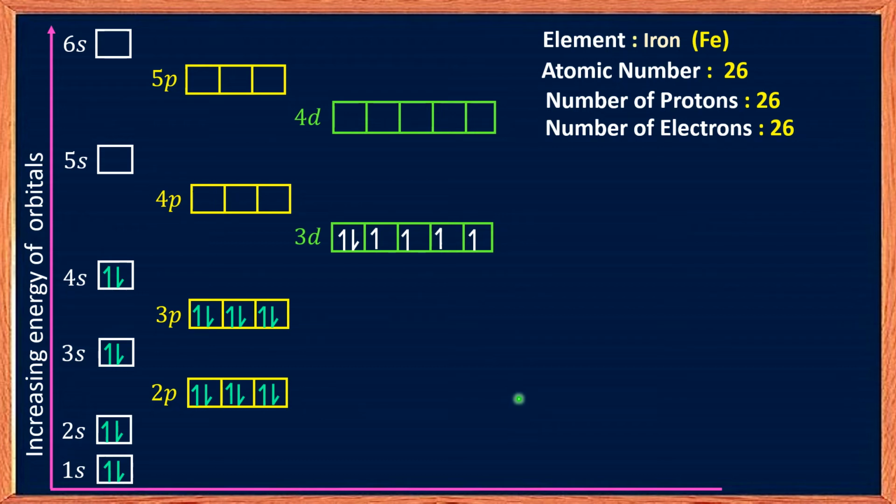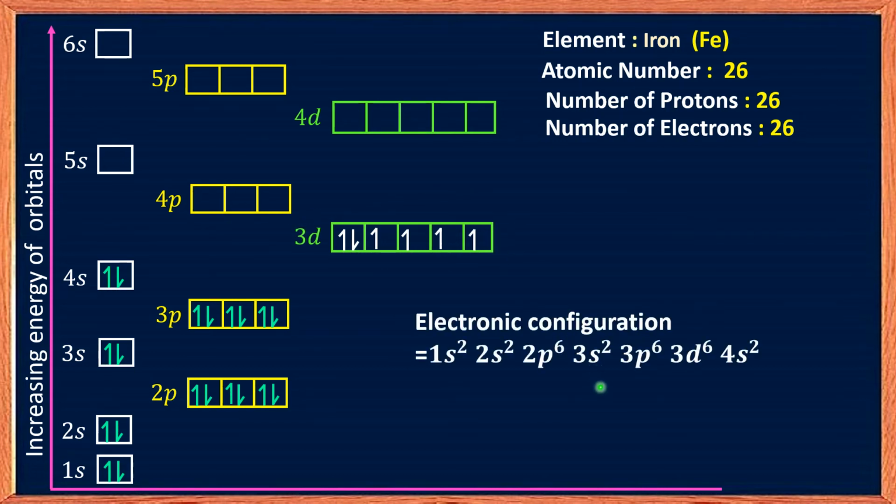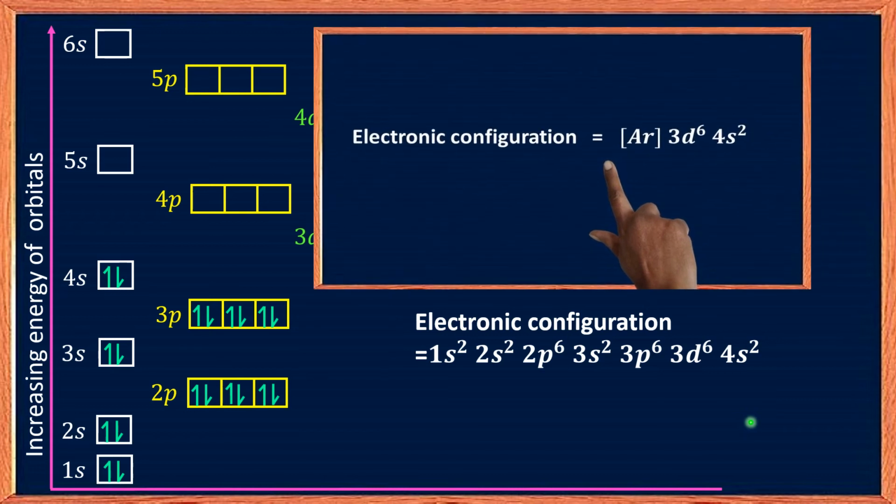So in this way, in 3d subshell, how many electrons are there? 6 electrons are there. Okay, so 1s2, 2s2, 2p6, 3s2, 3p6, 4s2, 3d6. Okay, so in the short way we can write it as argon 3d6, 4s2.